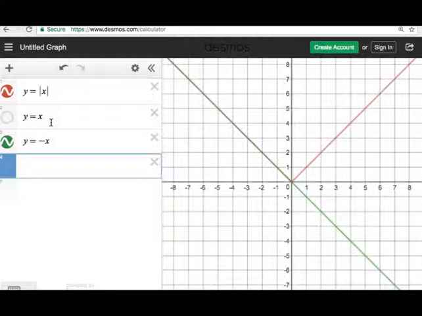And they're your two equations. They're your two cases. So my first case is y equals x when x is positive. My second case is y equals negative x only when x is negative. See how the green line comes down here? That doesn't form part of my graph because I only use the equation y equals negative x when x is negative. And I only use the equation y equals positive x when x has positive values over here, not for these values.